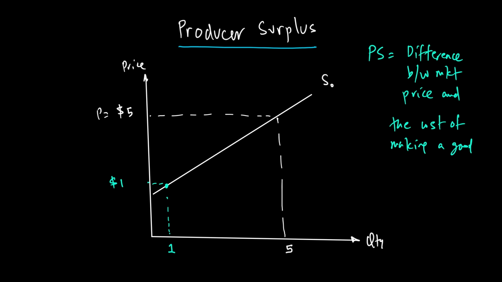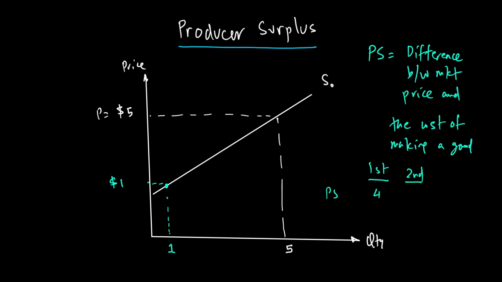So look at this, guys. So the first unit, let's say the cost is $1, and my supply curve tells me that that's the minimum I would accept. But of course, the market is good. Market is giving me 5, so I am pocketing for the first unit a producer surplus of 5 minus 1 or $4.